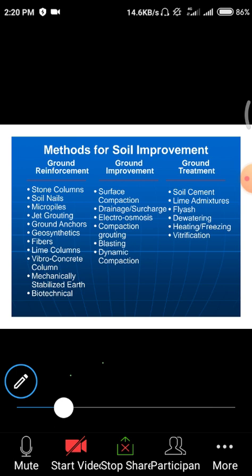Next one we have lime columns. Lime's major components are calcium oxide and calcium carbonate. Those two components make up lime, with 70 to 80% of lime present as calcium oxide and calcium carbonate, and this lime is used to strengthen the soil.